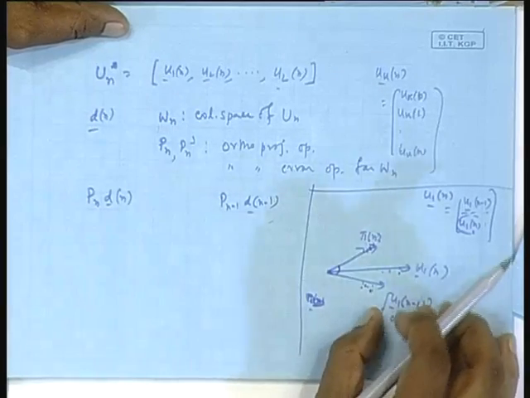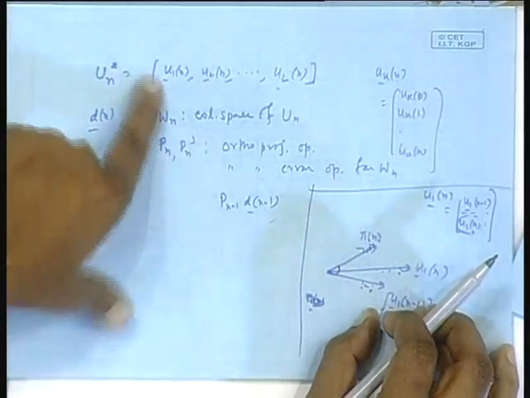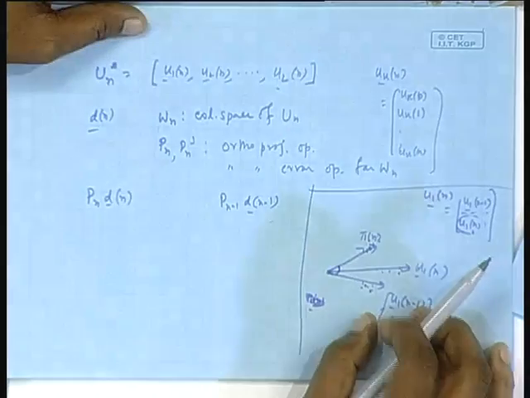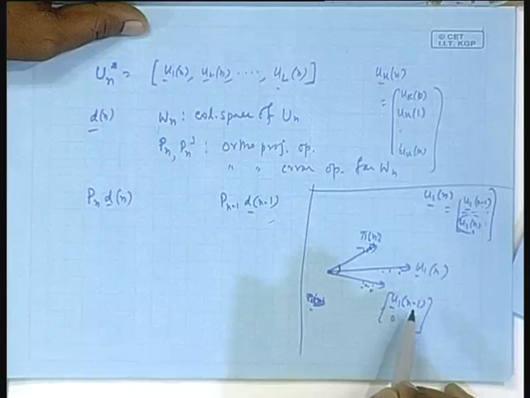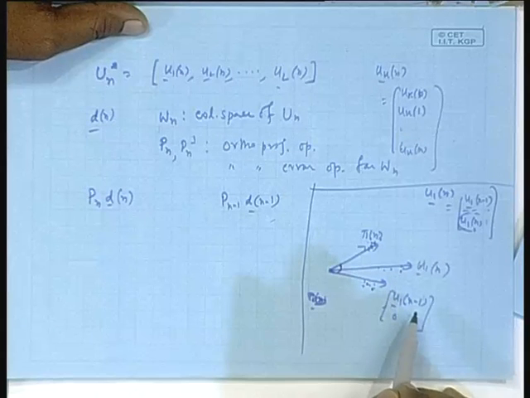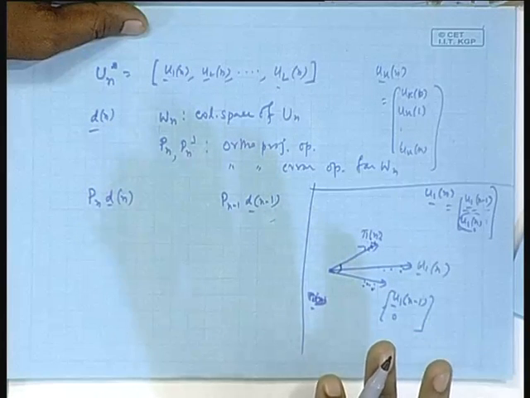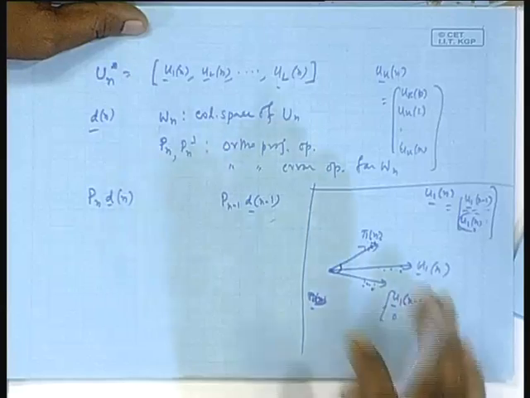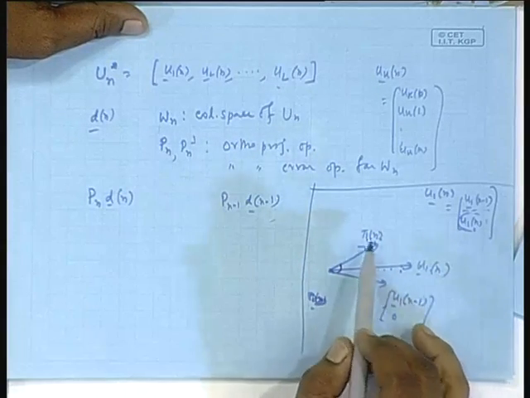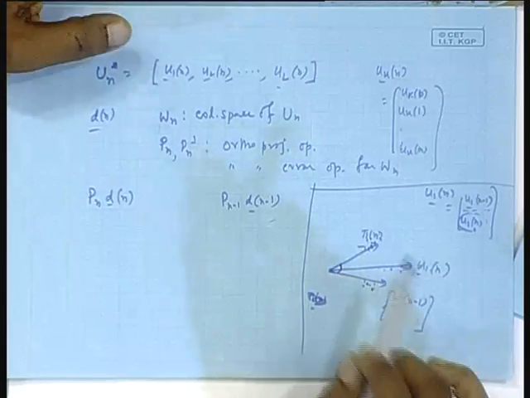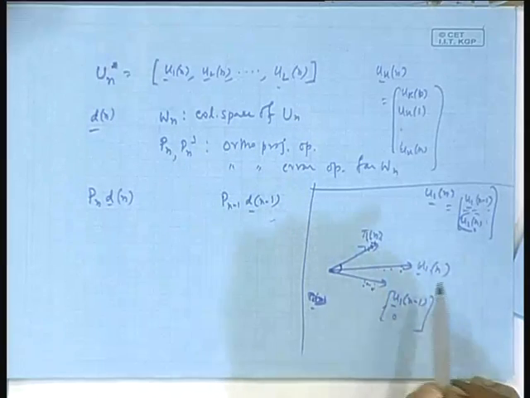I have taken the case of only one column vector, the past data vector, to explain it easily. One thing is sure: any external vector projected on the space spanned by pi n and u 1 n is the same as the projection on the space spanned by pi n and this, because the two spaces are the same.